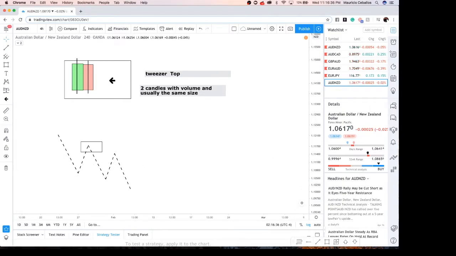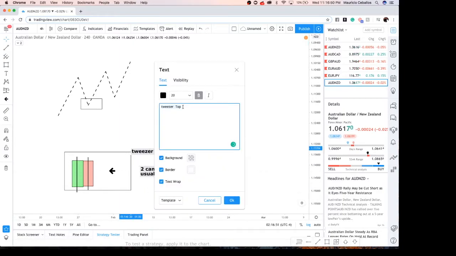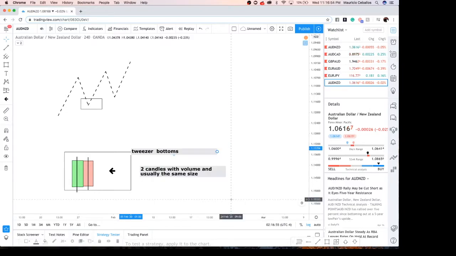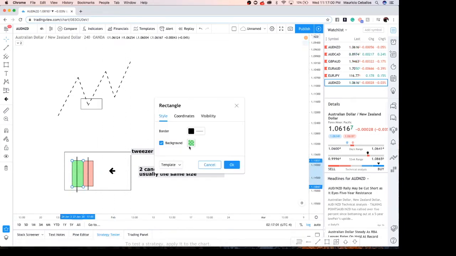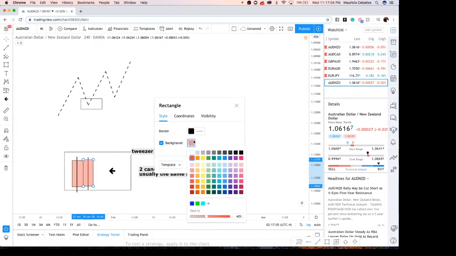One of the ways is to confirm it by finding this candle with volume. The same way you have the tweezer tops, you will have the tweezer bottoms. When it comes to tweezer bottoms, you're going to look for two candles with volume and usually the same size. You're usually going to start with a red candle and finish off with a green candle.